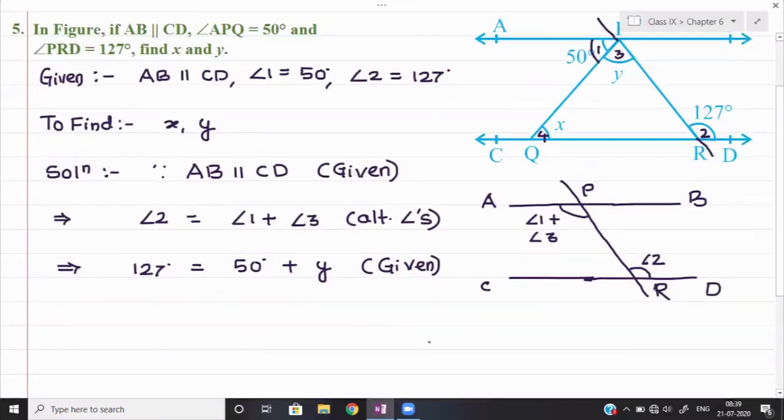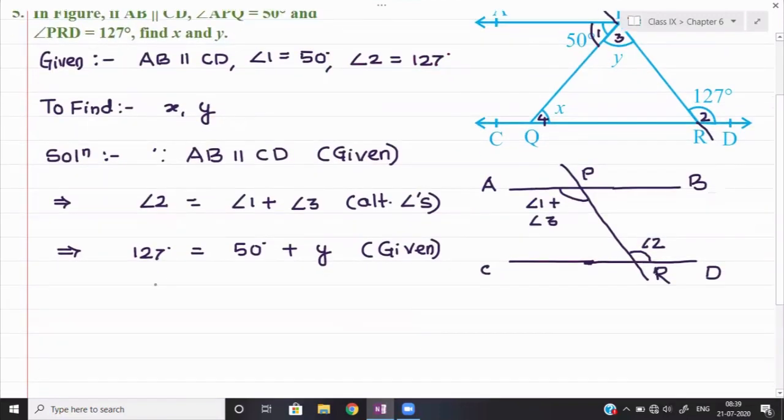Now let us simplify. So 127 will be as it is and 50 will go to that side. So 127 degree minus 50 degree is equal to y. So y will be equal to 127 minus 50. So I think this will become 77.